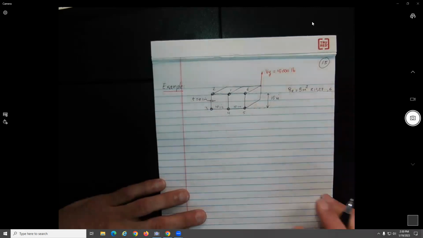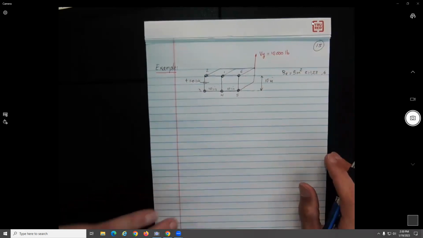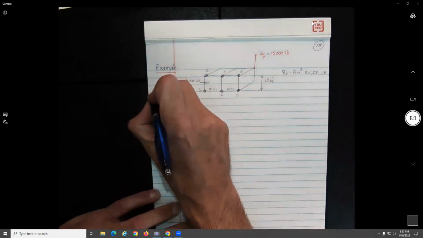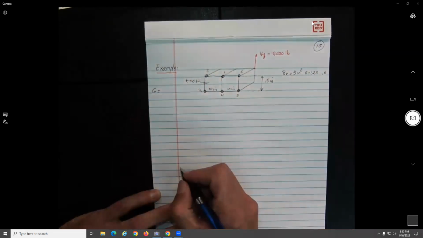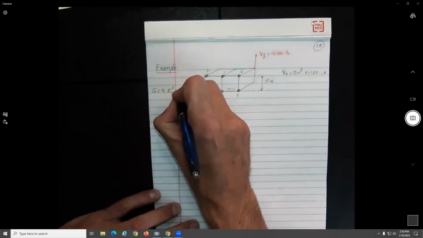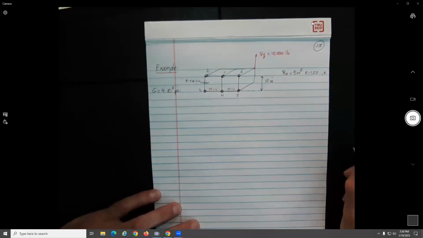So B1 equals B2 equals B3. And you are going to need one extra term: G, the torsion modulus of elasticity, is 4 times 10 to the 6 psi.